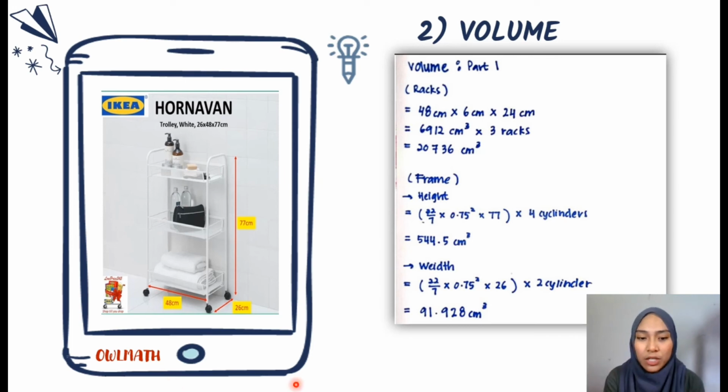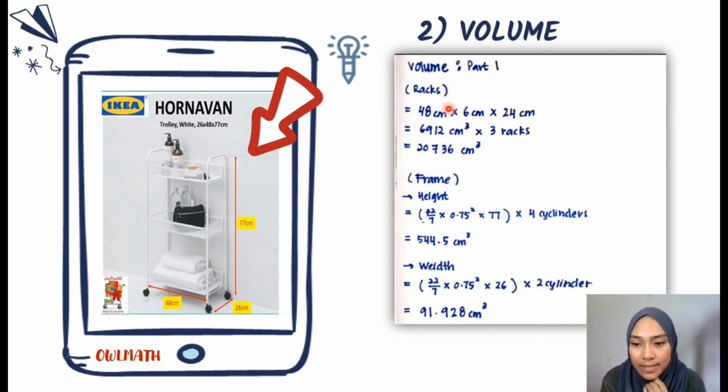We move on to the next step: measuring the volume of this trolley. We have 3 racks with cuboid shape. To measure the volume of a cuboid, we multiply the length, the height, and the depth. For these racks, the length is 48 cm, the height is 6 cm, and the depth is 24 cm.